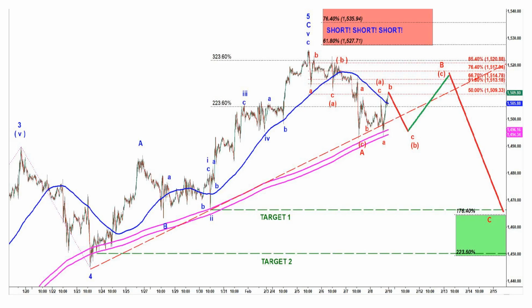Bulls still have the ball in the game, so they control the game, and as long as we stay over those two lines, we should not be super bearish. But once we break down that line, then we can be more aggressive with shorts.